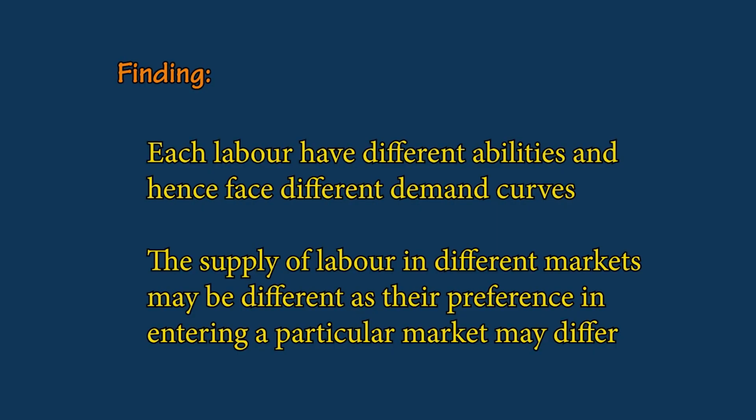Now, given the existence of these two types of contracts, we can easily trace that the traditional analysis does not take into account the fact that each laborer has different abilities and hence can face different demand curves.